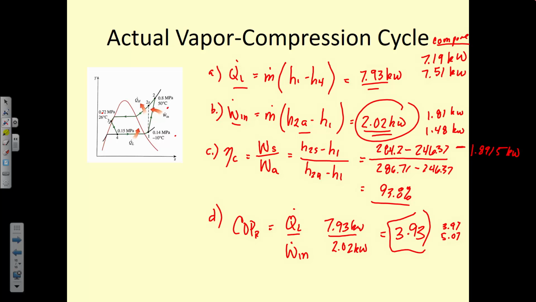But in this case, since we're dealing with an actual vapor compression cycle, if we want to calculate Q H, it would be H2 minus H3 times m dot, and we use the actual H2.